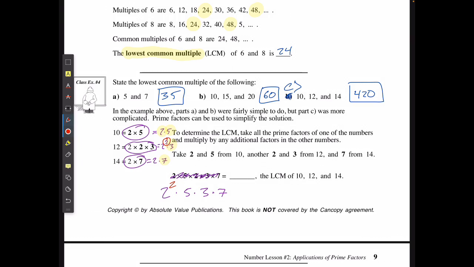When I multiply this out, 2 squared times 5 times 3 times 7, it's going to give me that 420 that I'm looking for. So I'm looking for every different prime factor and the most times that that prime factor shows up in any individual number.